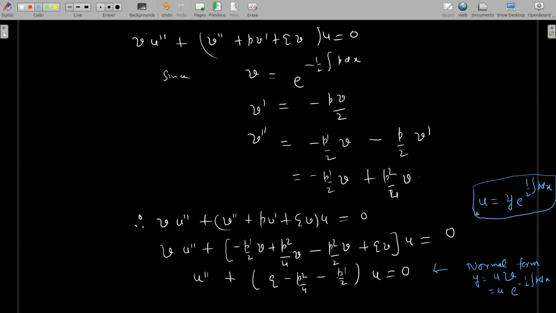So by making this substitution in the given equation, you can convert any second order equation into derivative free form. Any doubt in this stuff?